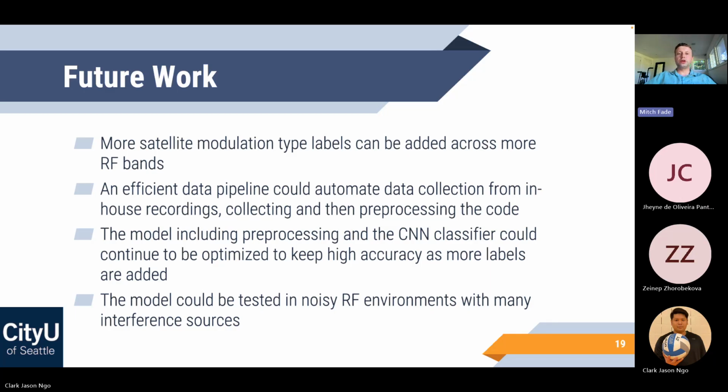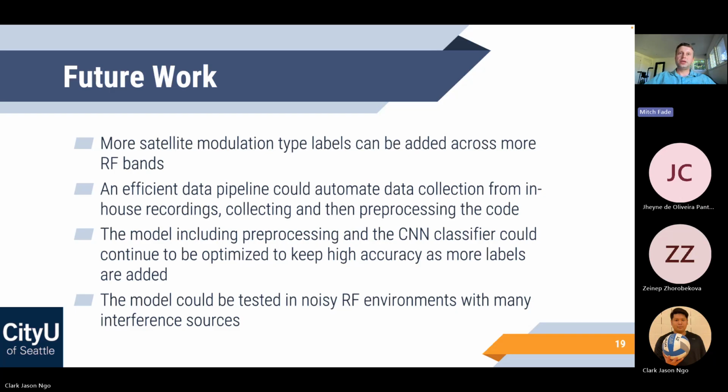For future work, I mainly want to build a data pipeline that would, from the satellite antennas that were used to collect the data, create an automated process that would pre-process the data into the NumPy samples that could then be used by the classifier, and then expand the classifier to be used with perhaps hundreds or thousands of labels as opposed to just 17 labels.